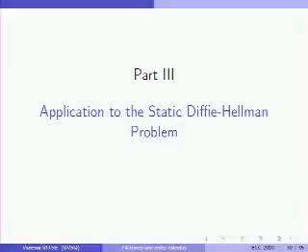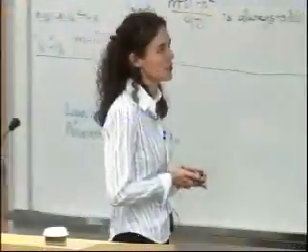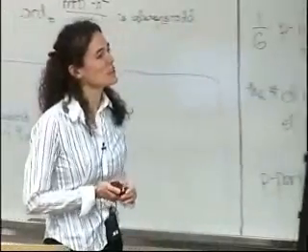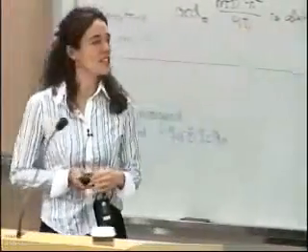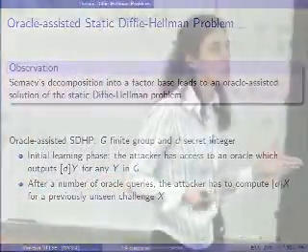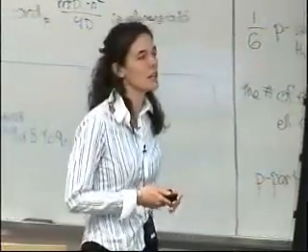So finally, I will give you some application of all this stuff to cryptography. And we'll consider here an application to the Static Diffie-Hellman problem, which is a non-standard problem of the family of Diffie-Hellman problems.